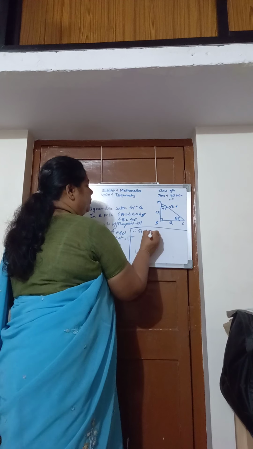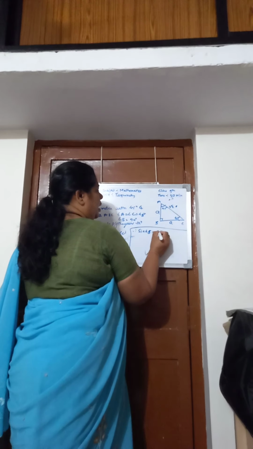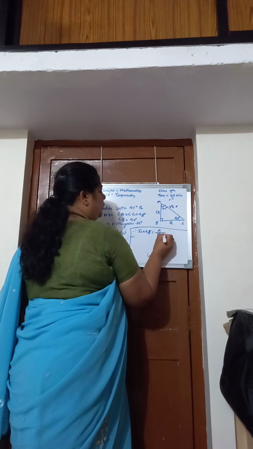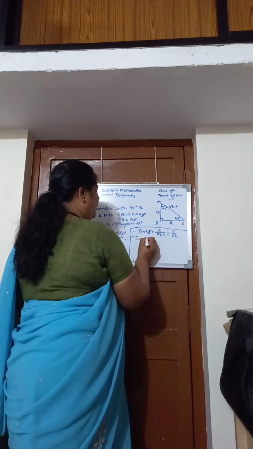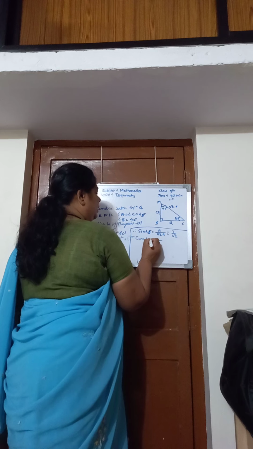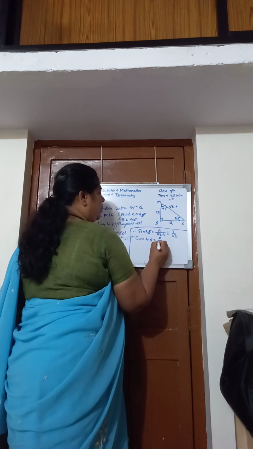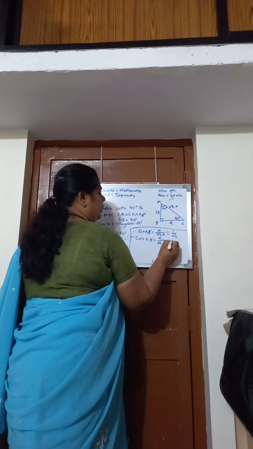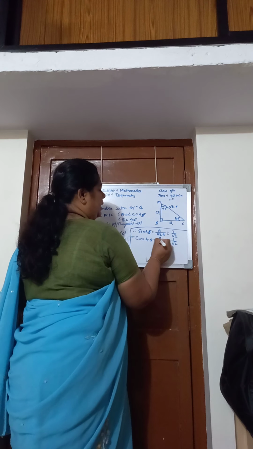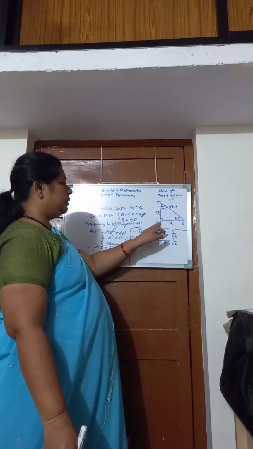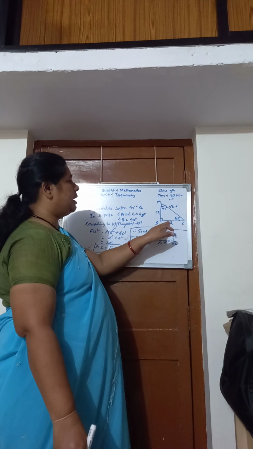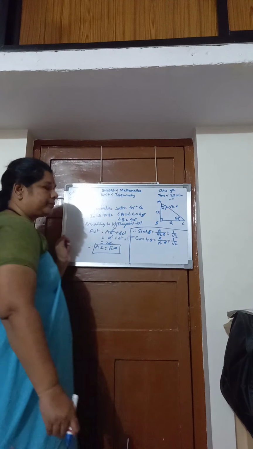Sin 45 equals a upon root 2a equals 1 by root 2. Cos 45 is also equal to a upon root 2a equals 1 by root 2. A gets cancelled. That is, sin 45 or cos 45 equals AB or BC upon AC.